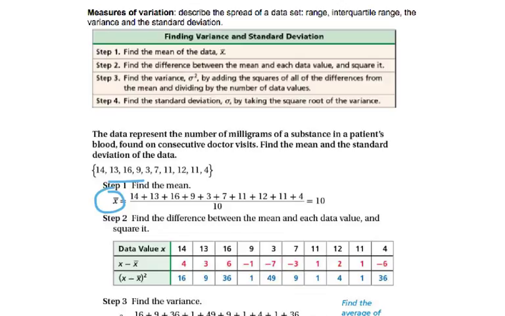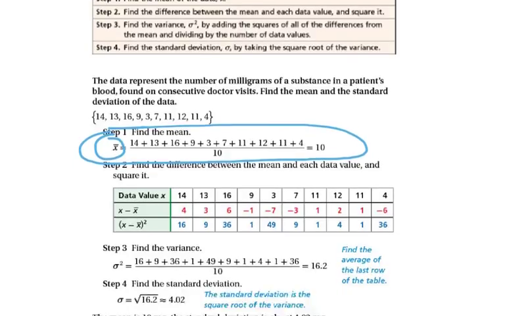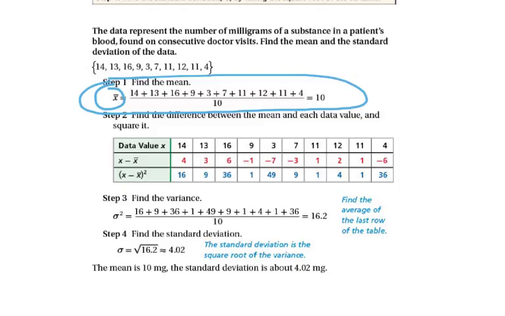That is the mathematical symbol for mean. We find it by adding all the data together and dividing by the number of data, and for this data set we find 10.